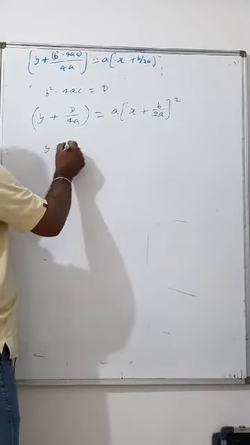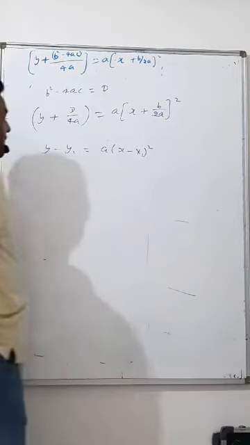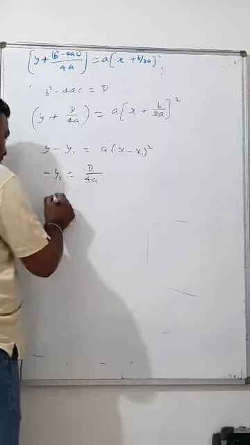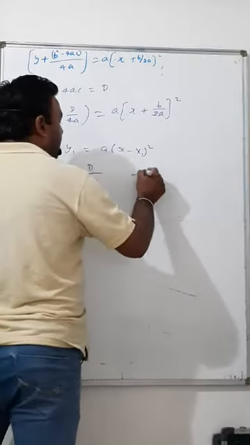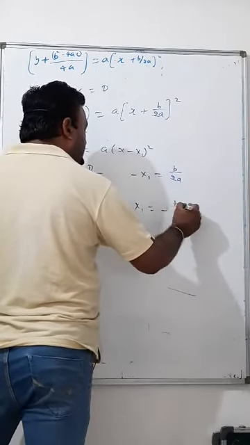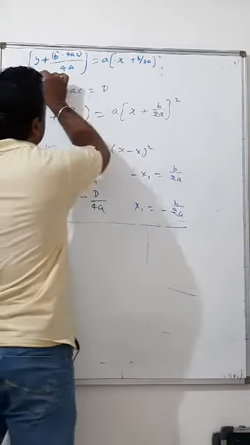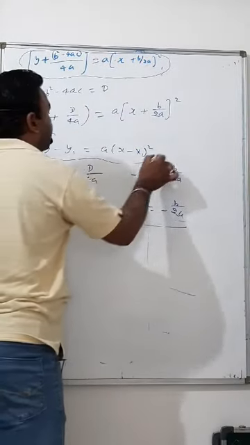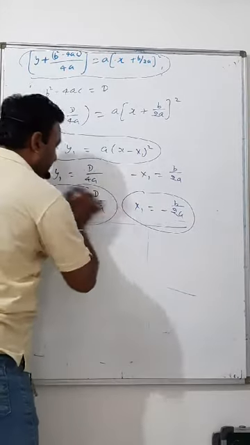I write the equation in standard form y minus y1 equals a times x minus x1 whole square. Then minus y1 is d by 4a, or y1 is minus d by 4a. Minus x1 is b by 2a, or x1 is minus b by 2a. So the equation written in this form can actually be written in this form, and here is x1, here is y1.